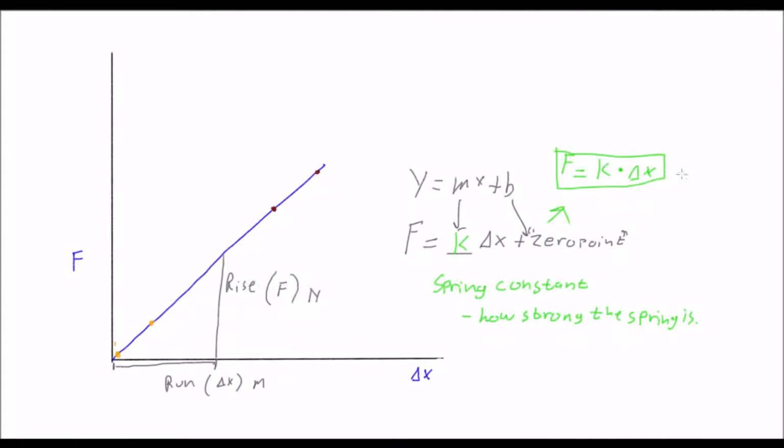And that formula right there, I should write that with a capital, that's the formula we identify as Hooke's law. This knowledge, this formula is Hooke's law. This tells me everything I need to know about a spring. So, how can we apply this to energy? That's the next question.